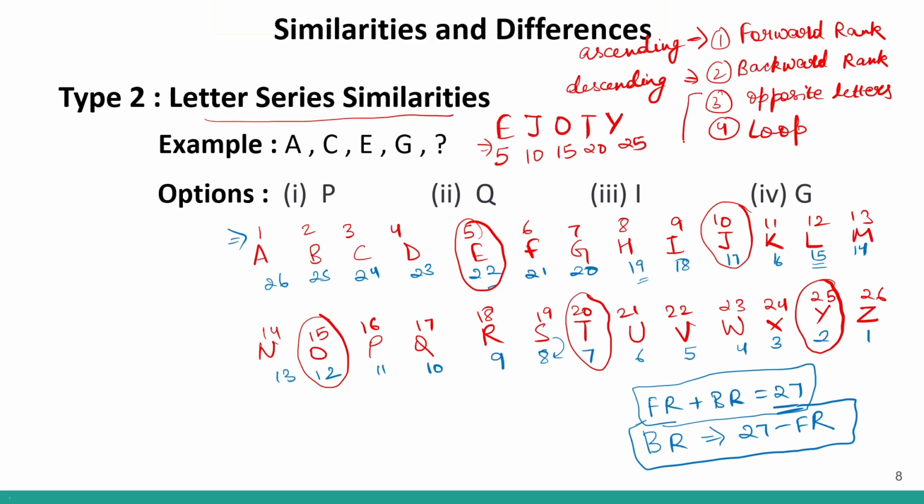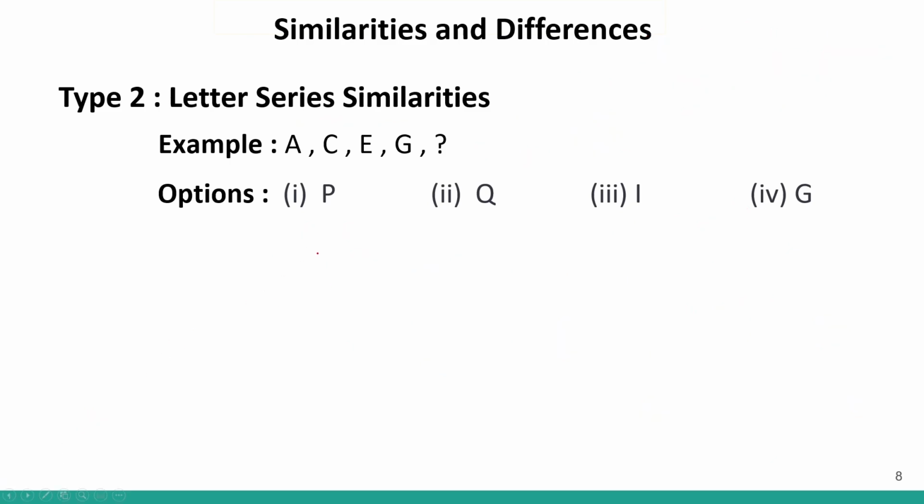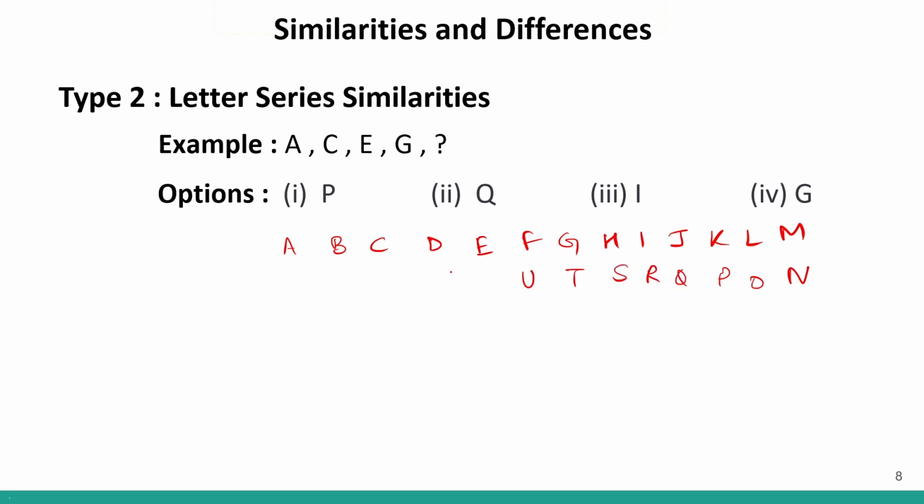Now, the next two concepts of opposite letters and loop. Let us understand. So, opposite letters. If I write my letters like this, A, B, C, D, E, F, G, H, I, J, K, L, M, then N, O, P, Q, R, S, T, U, V, W, X, Y, and Z, then this is the concept of opposite letters.